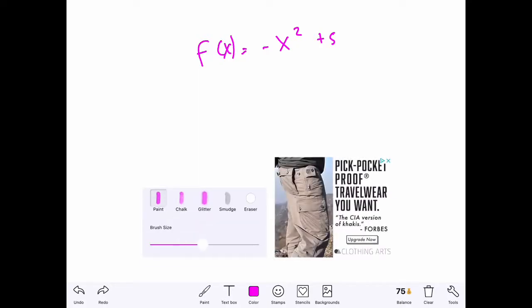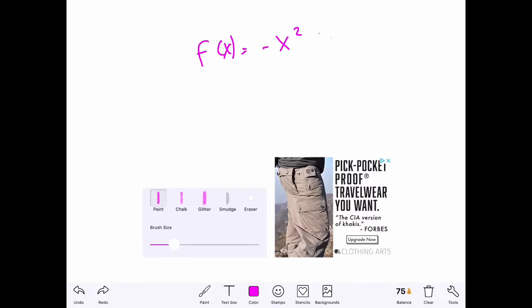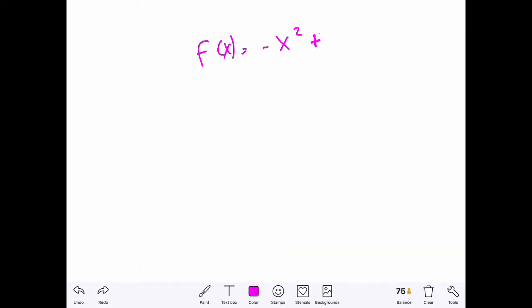Maybe I had f of x equals negative x squared plus 25. Again, I make y be 0. And then I ask, what can I factor out of both of those terms? Well, just that negative 1. Remember, if we ever have a negative out front, let's factor it out of our ax squared term.